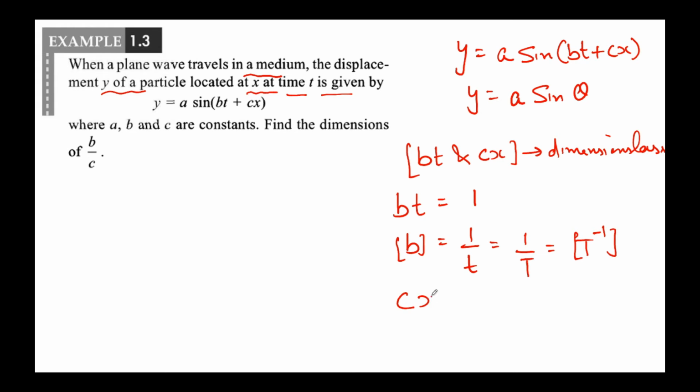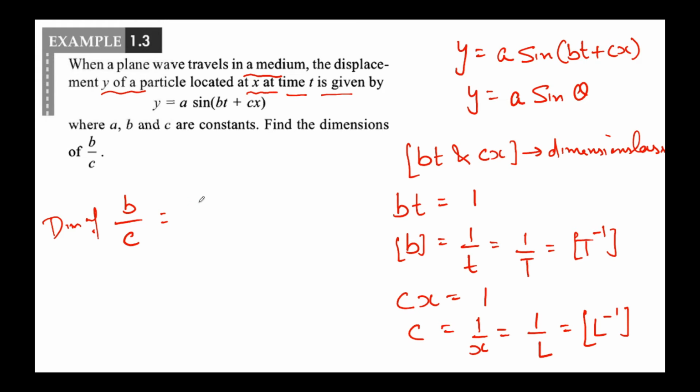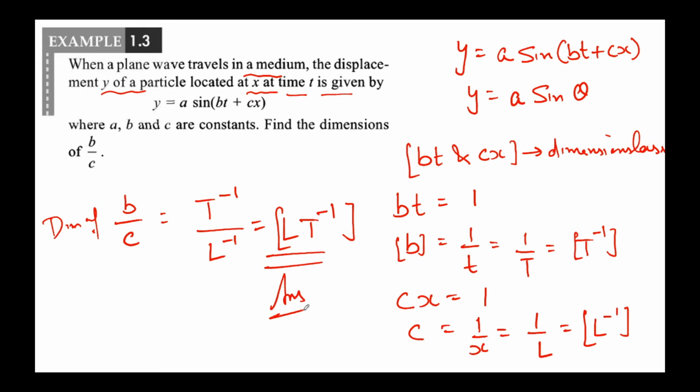Similarly you can find the dimension of constant c, which comes out to be equal to 1 over x. x is a distance, and distance has a dimension of L, so it comes out to be L raised to power minus 1. Putting the values, the dimension of b over c, where b is t raised to power minus 1 and c is L raised to power minus 1, comes out to be equal to L t raised to power minus 1. So this is our answer.